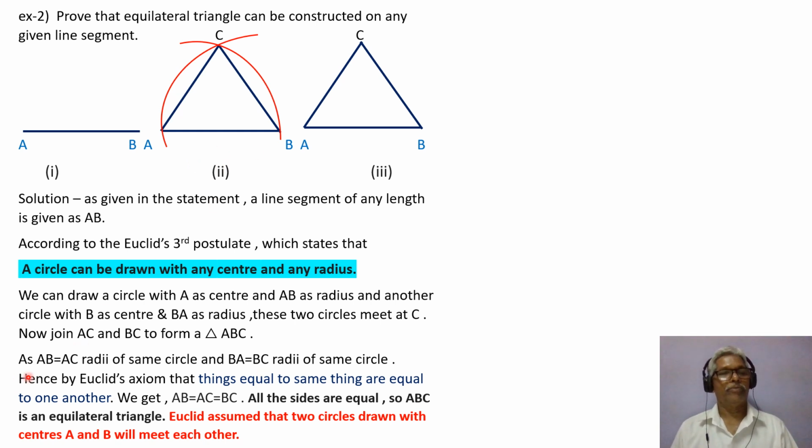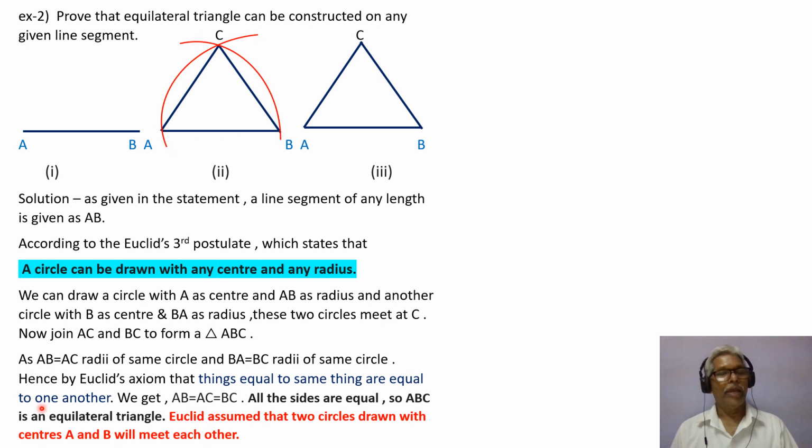Now see here, AB is equal to AC because these are radii of the same circle. Similarly, BA is equal to BC, radii of the same circle again. First time it was this circle, second time it was this circle.